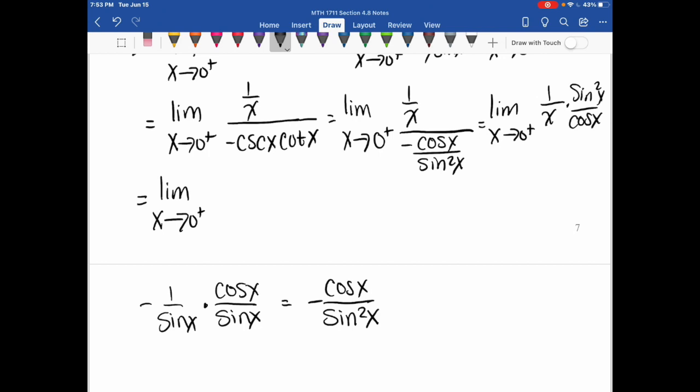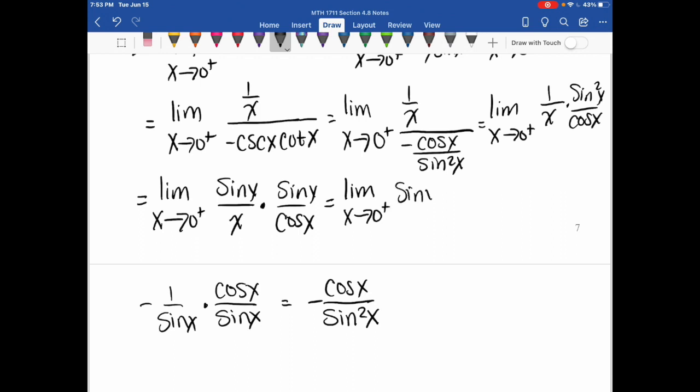Now I can rewrite this again as the limit as x approaches 0 from the right of sine x over x times sine x over cosine x, by splitting up those two sines. And that gives me the limit as x approaches 0 from the right of sine x over x times tangent x.